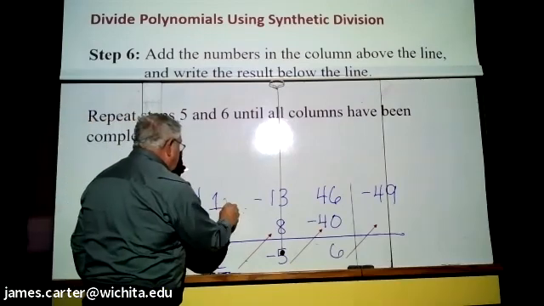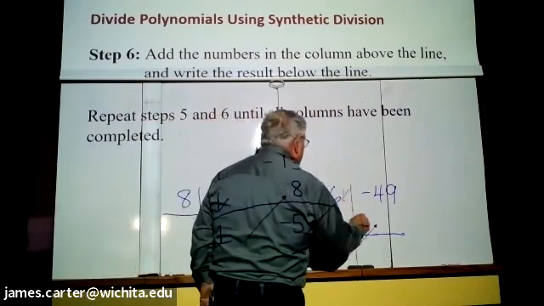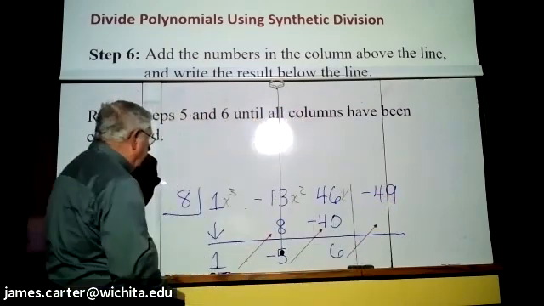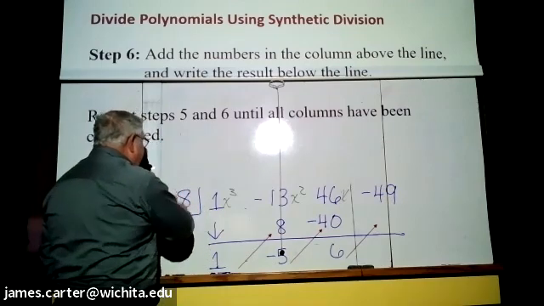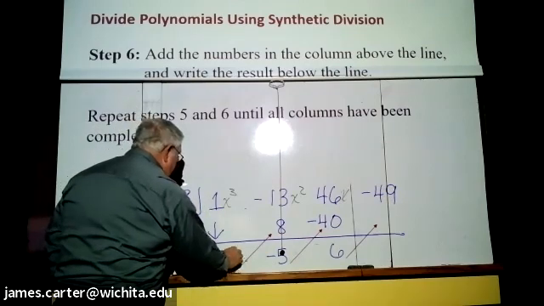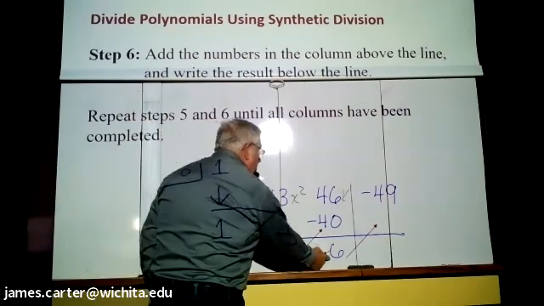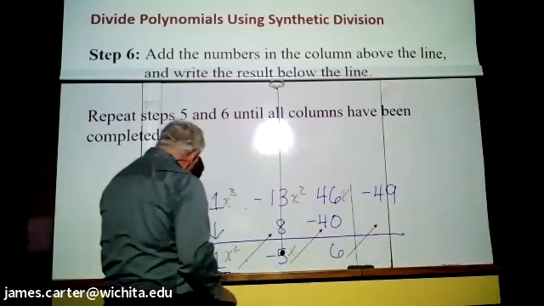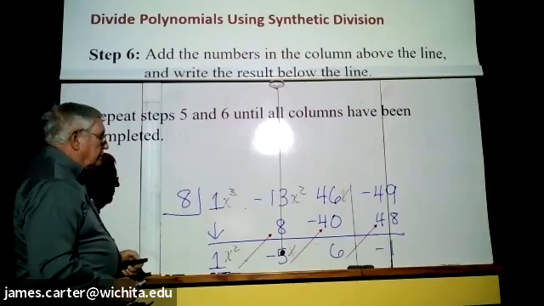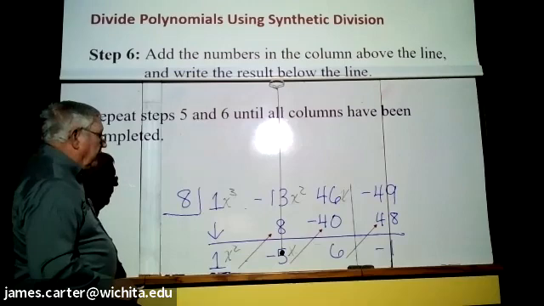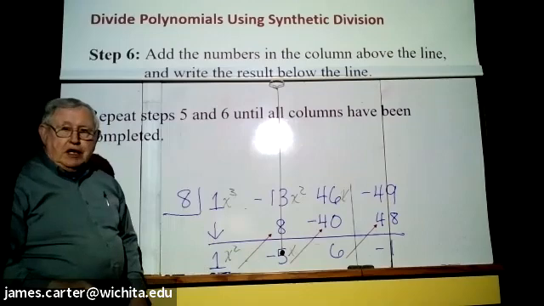So originally this was an x cubed, that was an x squared, that was an x, and here was our constant. Down here in our answer, because we have divided out one x value, this is now an x squared, this is now an x, that's a whole number, and then out here we'll have the remainder of 1. So that's the way this one works. We have reduced this by 1 degree.